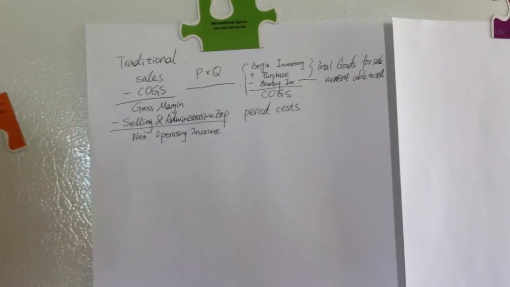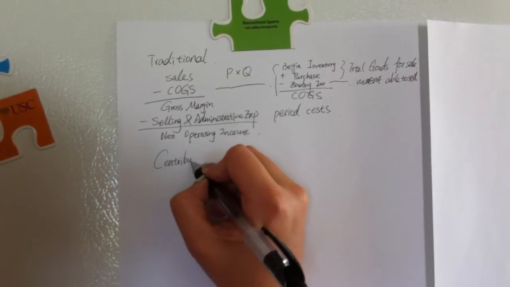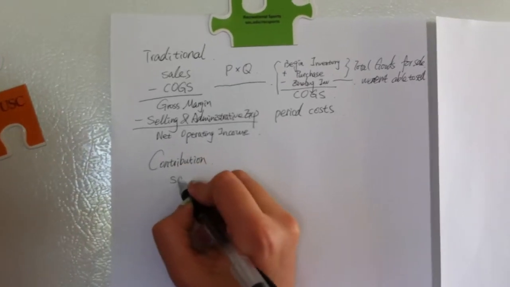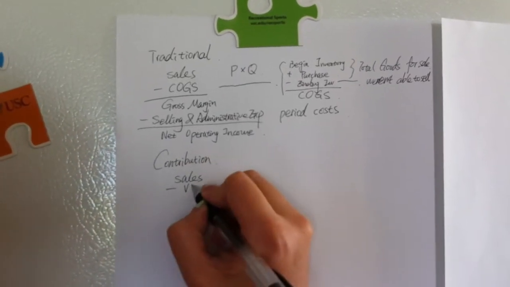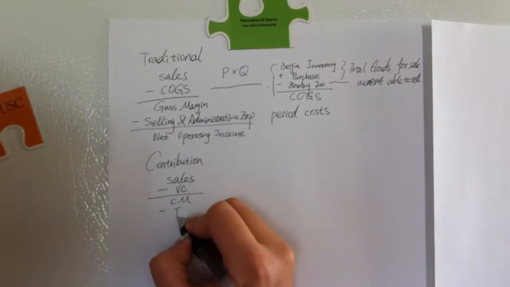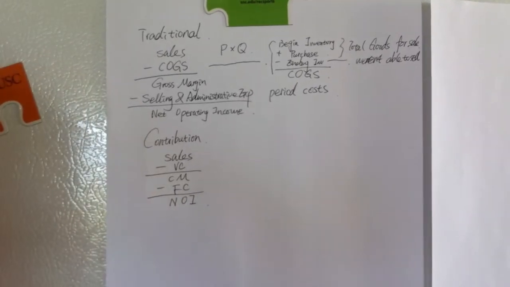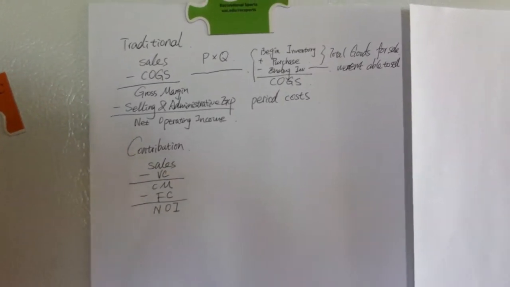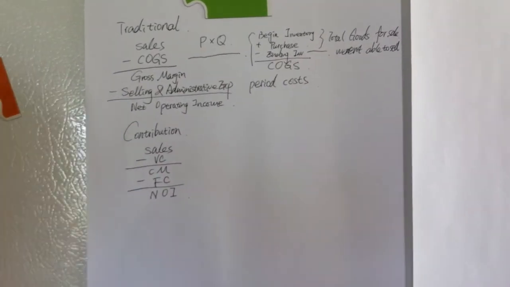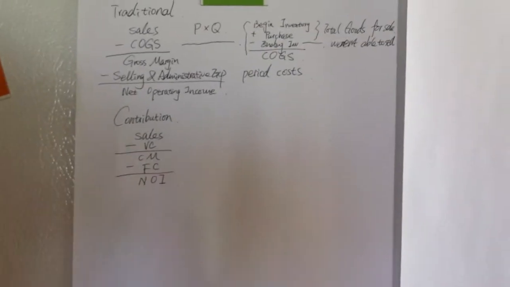Now let's talk about contribution income statement. Okay. Equals sales minus variable cost gives you contribution margin minus fixed cost, and that gives you net operating income. So sales is the same definition as this, and variable cost basically varies with sales.